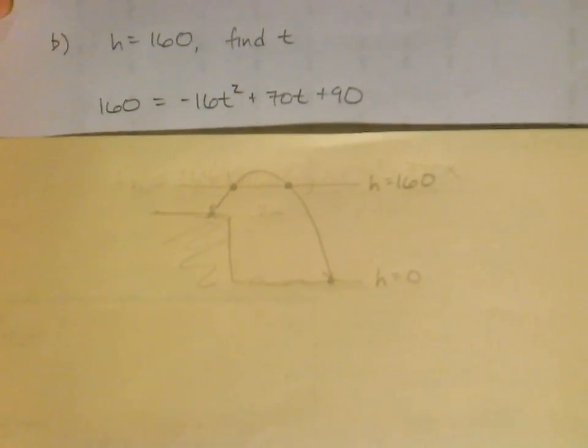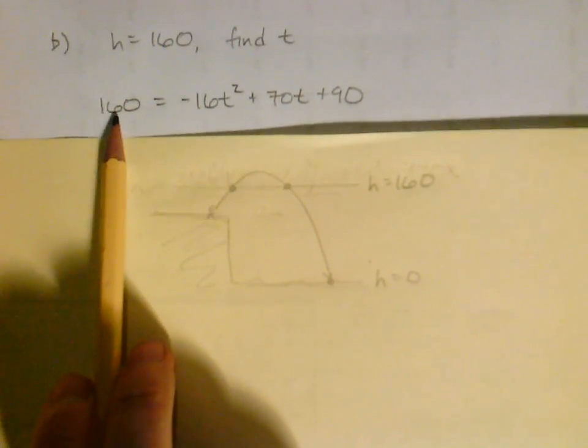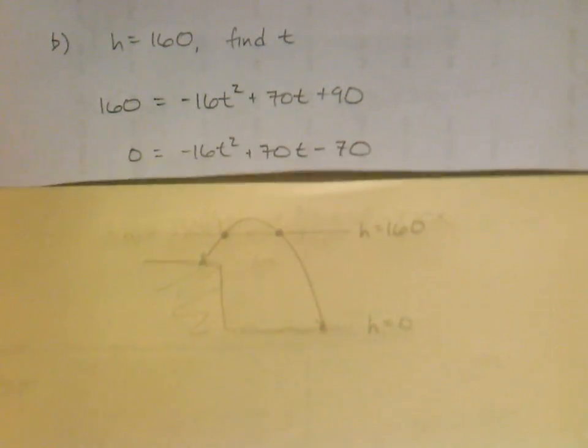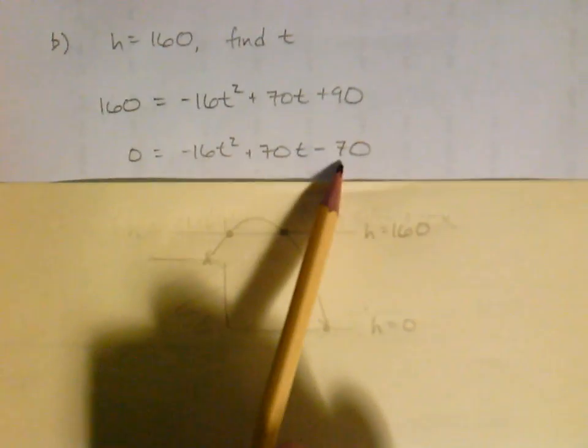So we'll just put a 160 there on the left, equal to the negative 16t squared plus 70t plus 90. And we want to use quadratic formula here, but there's something to do first. It has to be equal to 0, so we're going to subtract that 160 to the other side, leaving us with a minus 70 over there.